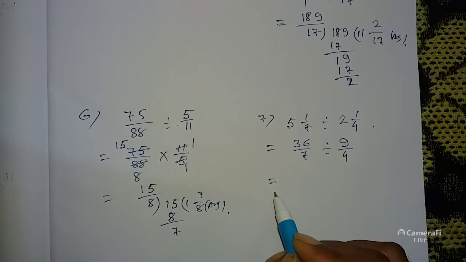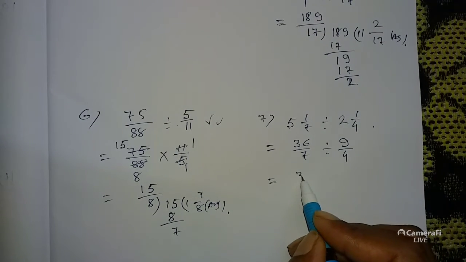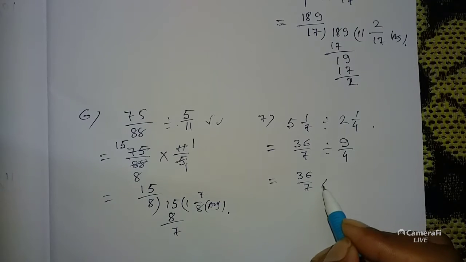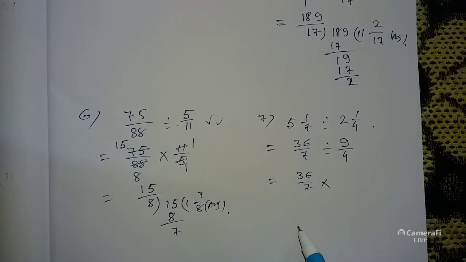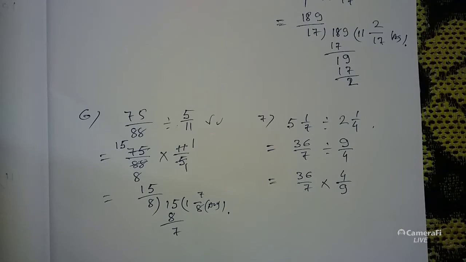Now we proceed as we did in number 6. 36 by 7, okay. Convert the division sign into a multiply sign, taking the reciprocal of this one, 4 by 9. Now 9 and 36 can be divided by 9. 9 1 is 9, 9 4 is 36.